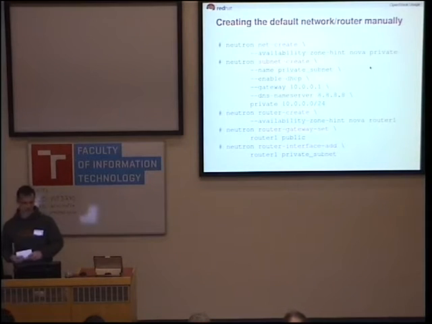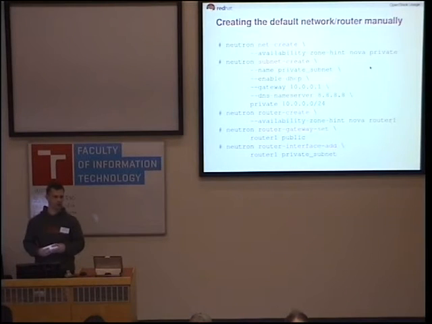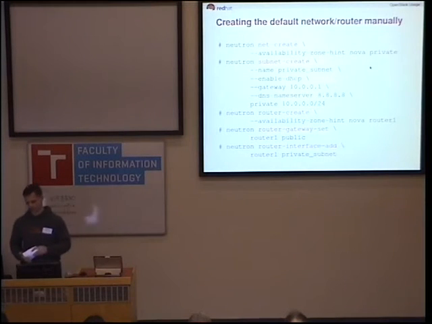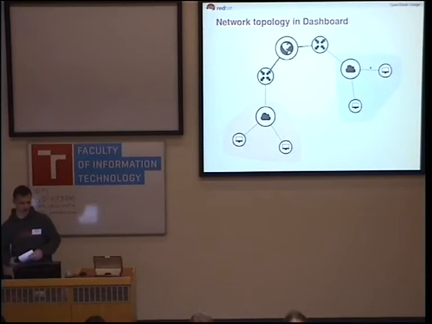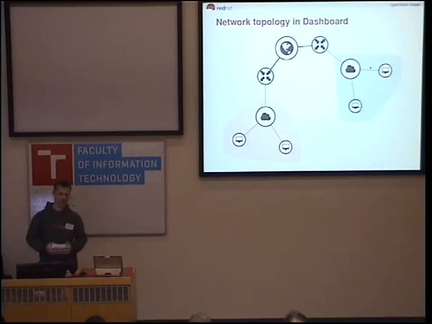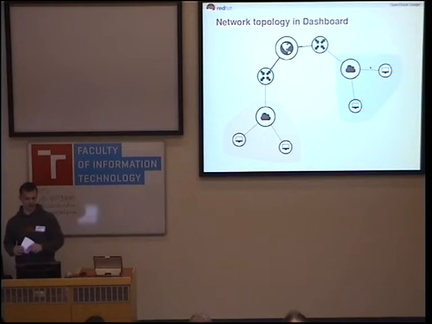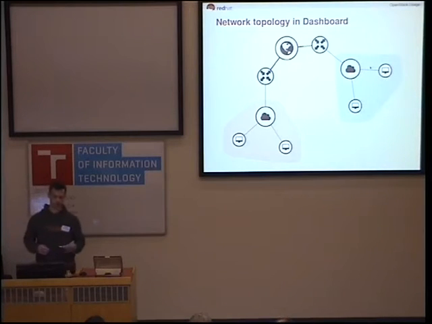The good thing, again about the dashboard, is there's a pretty nice graphical illustration of this. Here's an example of two tenant networks which are connected to the outside world via routers, and each tenant network contains an instance.